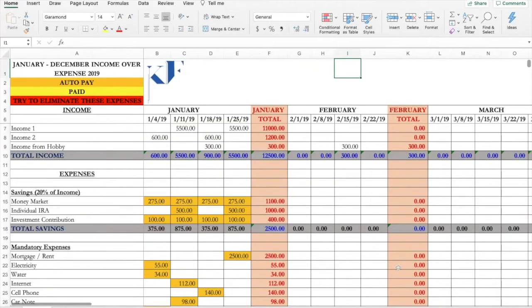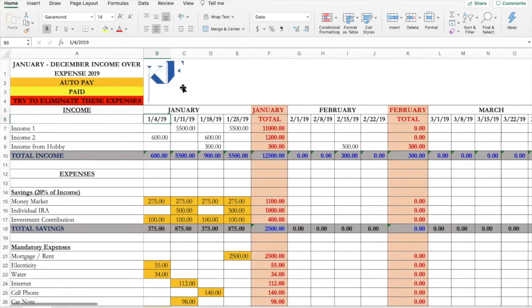Okay, so this is a sample budget that I created for my own household. Now, as you can see, it's already color-coded, and I basically section my budget by month, then I section it by week. You want to make sure that you have a working budget that reflects how income is coming into your household.